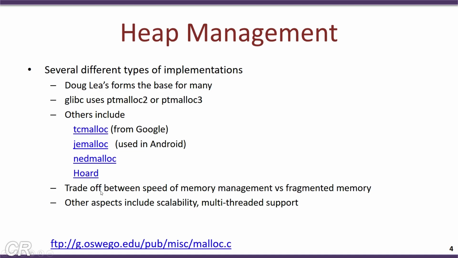Quite often it is seen that implementations of malloc where malloc runs extremely fast would often result in fragmented memory. What we mean by fragmented memory is that there would be tiny chunks of memory, maybe of 2 or 4 or 8 bytes, which are too small to be actually used by any program.